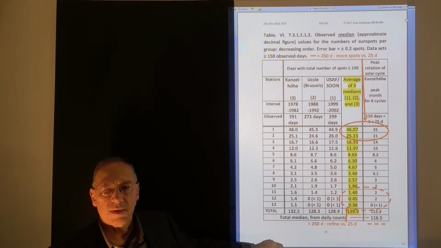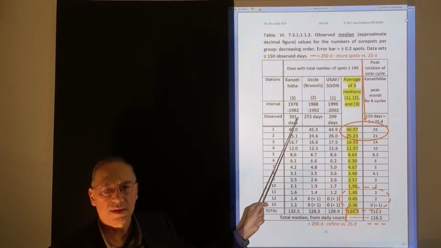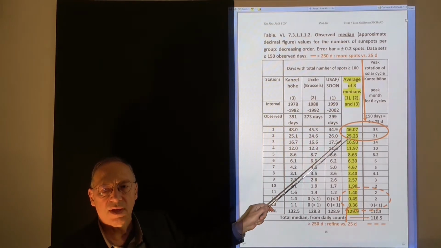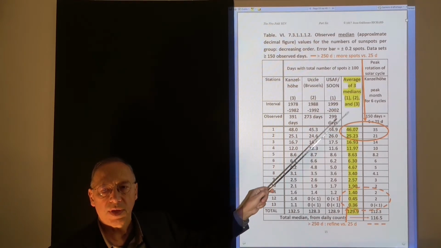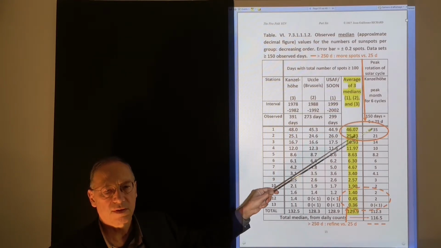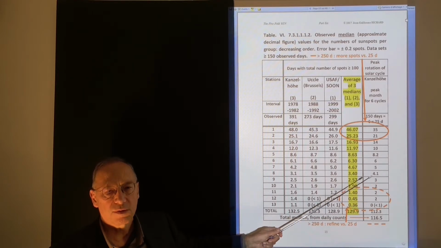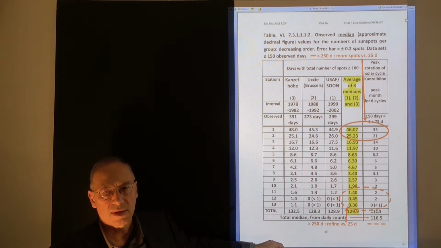And we see that having more than 250 days on record in each case, observed days, we get more spots, especially for the large groups, compared to the numbers that we would get from considering only 150 days spread over 5 cycles for just one single peak rotations, as we can obtain from the Cancelheux archive.